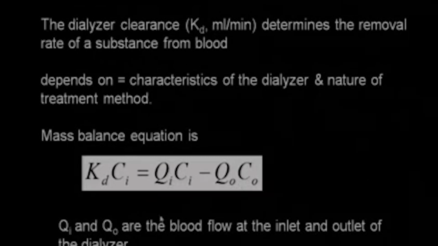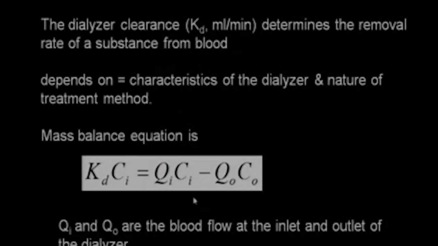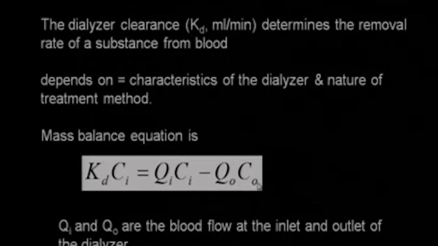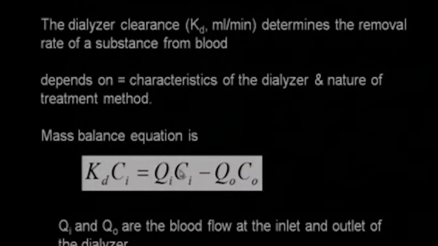Ci is the concentration of the solute in, C naught is the concentration out. So you have concentration of solutes coming in times Q, and concentration of solute leaving times Q. This is equal to the amount removed, Kd into Ci.